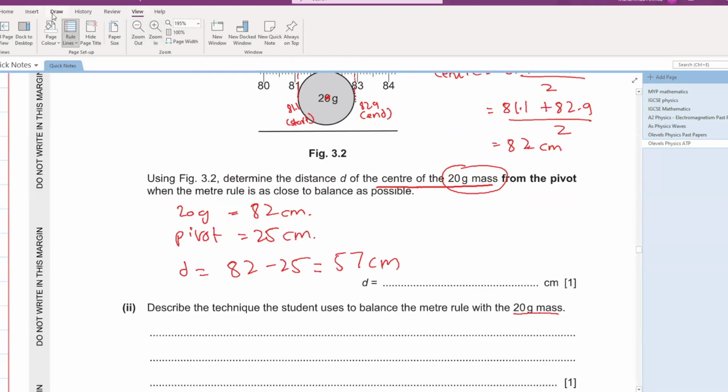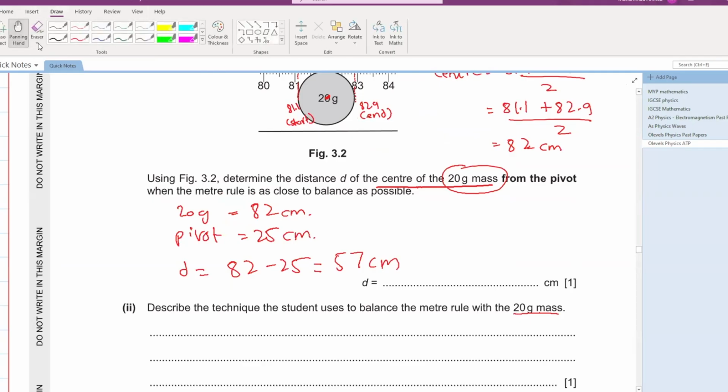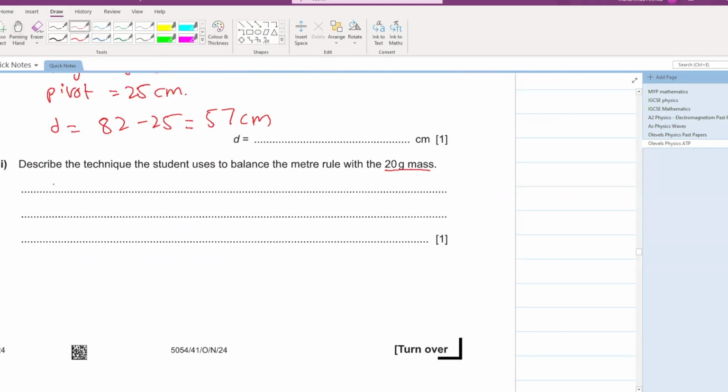Move the 20 gram mass backwards and forwards along the meter rule.